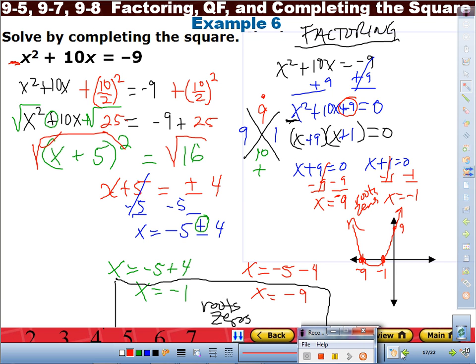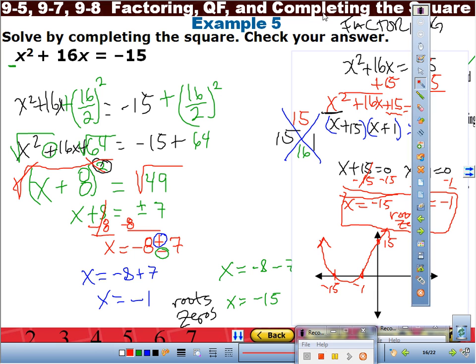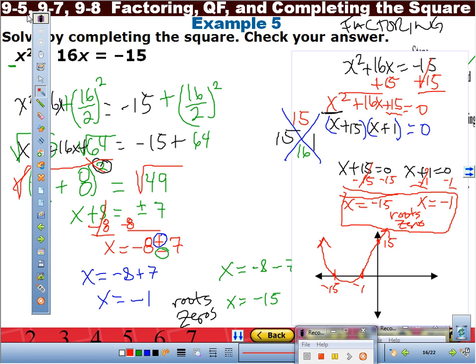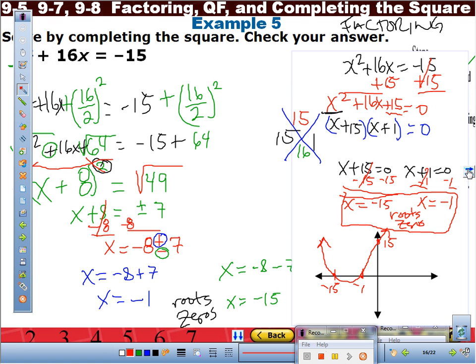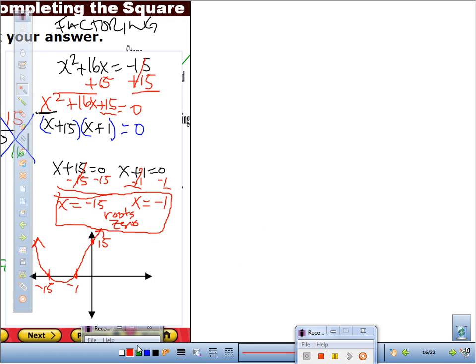So, let's turn back to the previous problem. On the last column to the right, we'll rewrite the equation, and let's do that by quadratic formula, your favorite. Yay! This one we're going to solve using the QF, quadratic formula. x squared plus 16x equals negative 15.